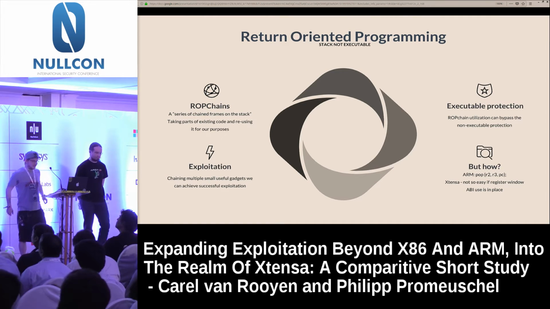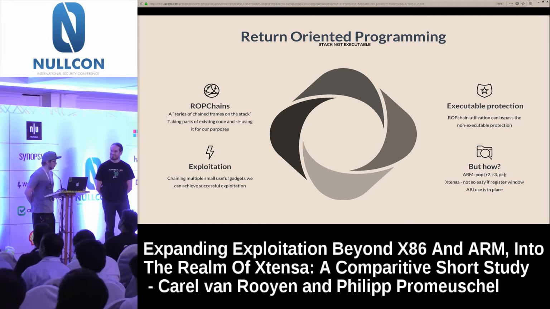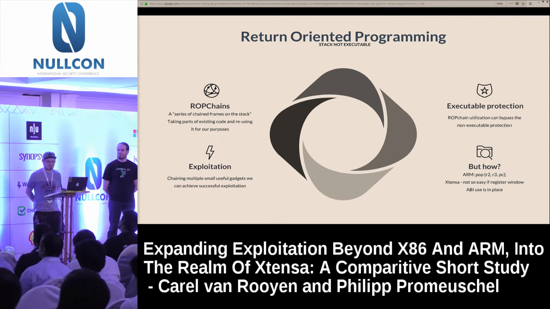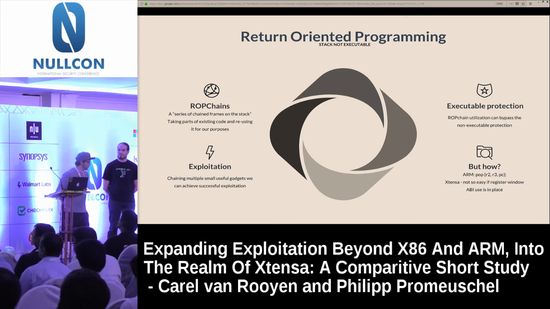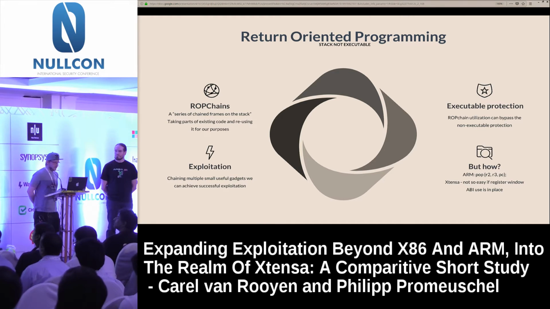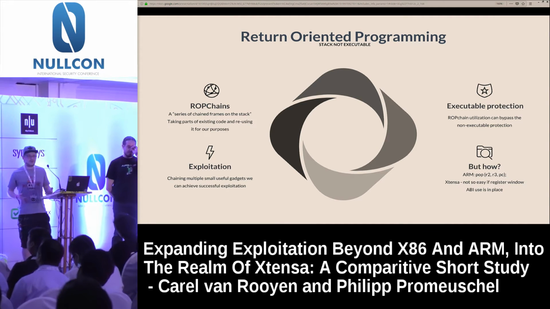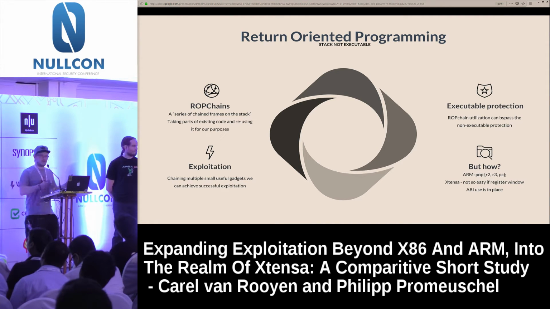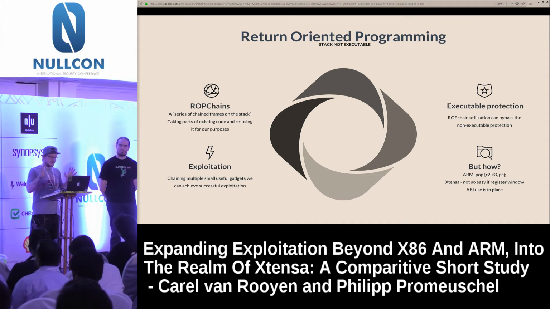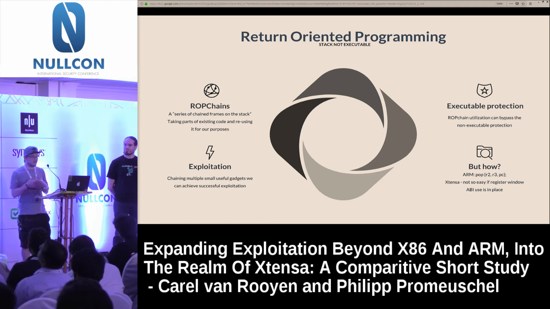Okay, so back to return-oriented programming. Why do we need to do this? Because the stack is not executable. We even have this as a hardware feature nowadays. So the instruction memory is separated from the data memory, and so we need to reuse the instructions, as Carel already told multiple times.